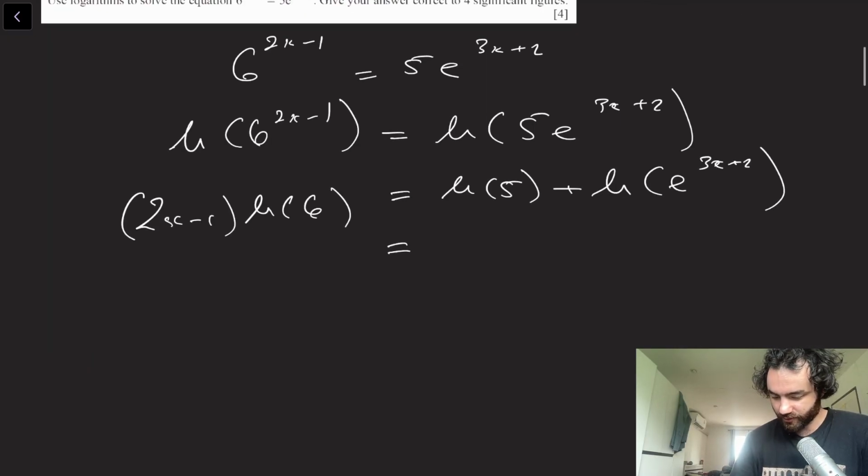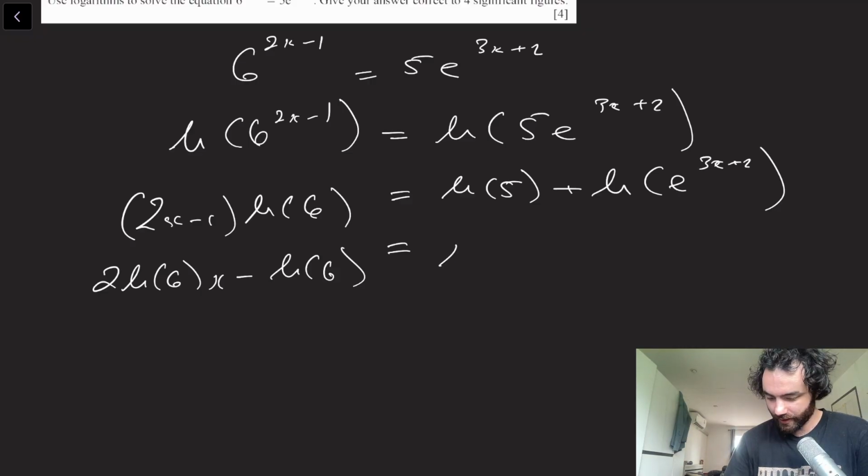Right, and then we continue here. We can expand this in. We get 2 ln of 6 times x minus ln of 6, equals ln of 5 plus, again using that exponent rule, (3x plus 2) times ln of e.